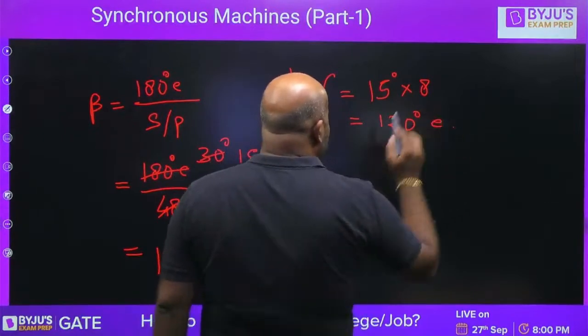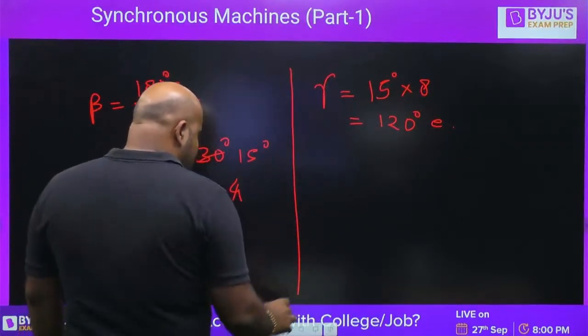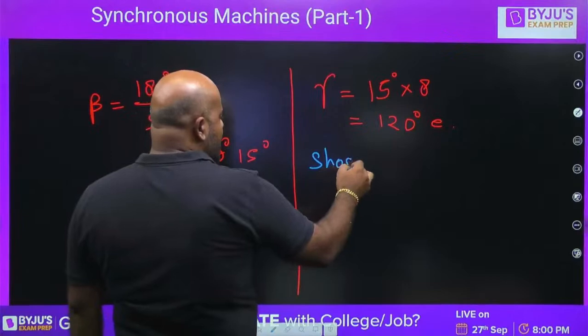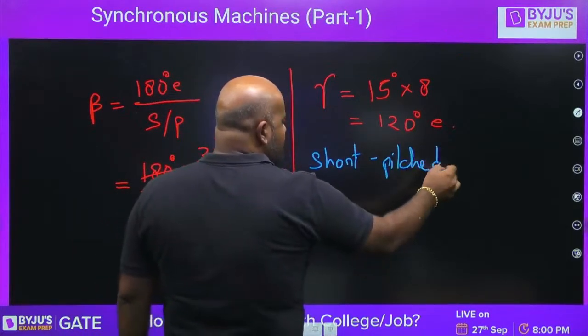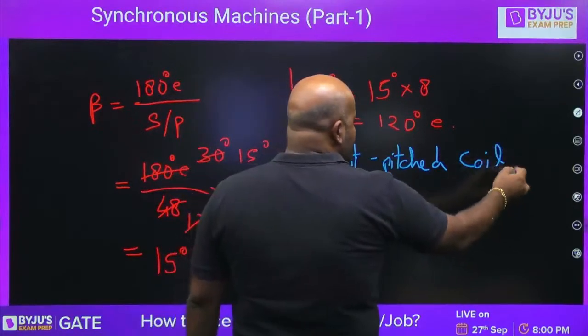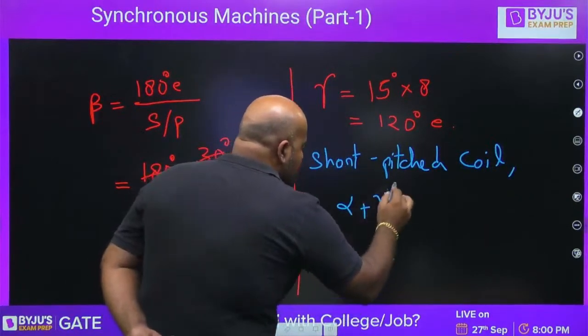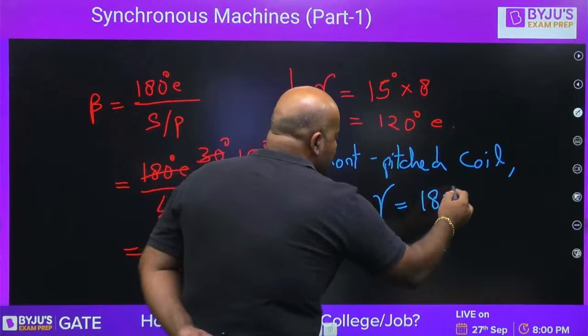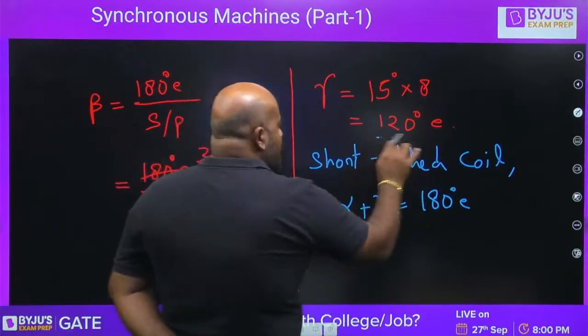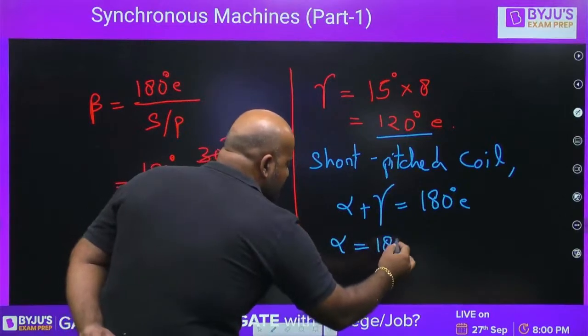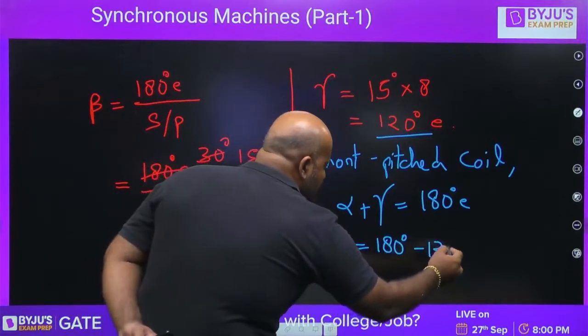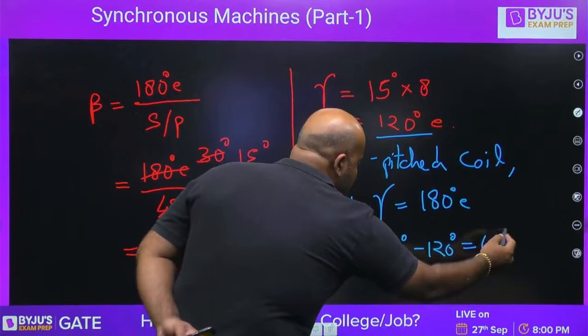This is 120 degree electrical. But we have just seen that for a short pitched coil, alpha plus gamma is equal to 180 degree electrical. Already we are getting gamma as 120 degree electrical. So what is alpha? Alpha is 180 degree minus 120 degree, that is 60 degree.